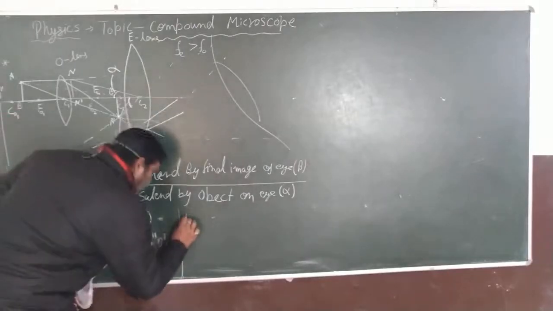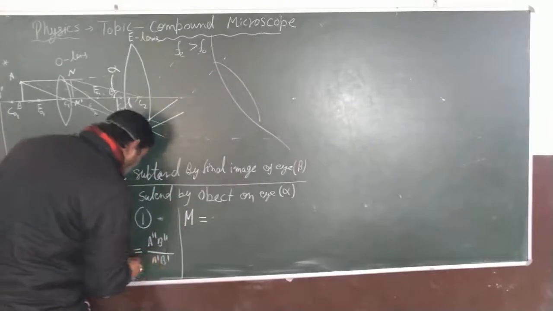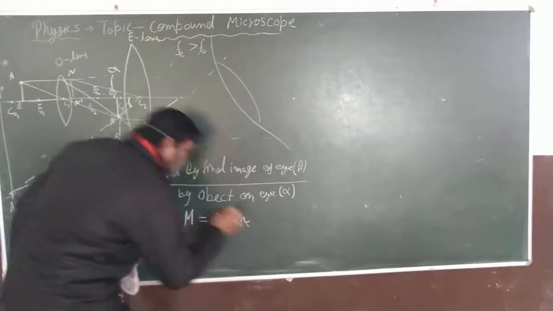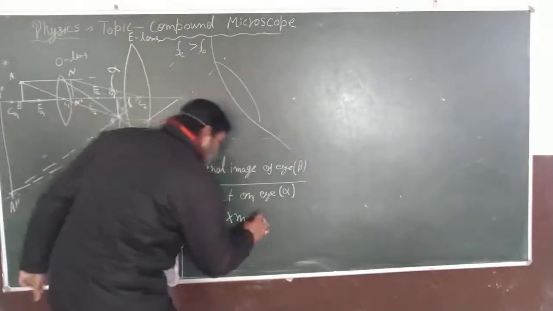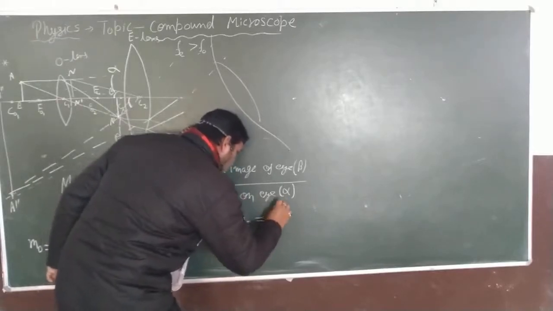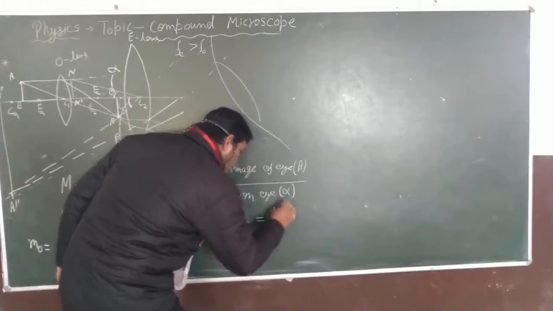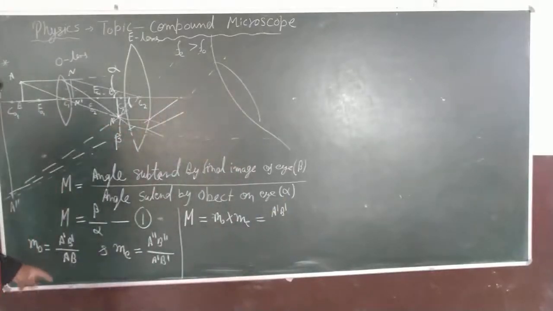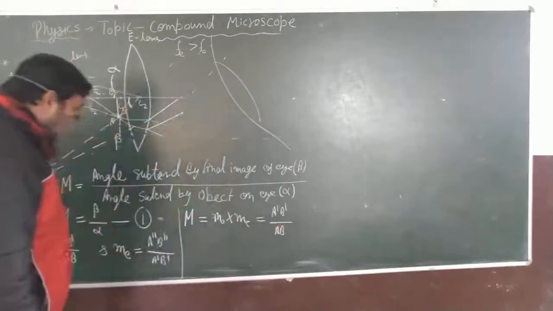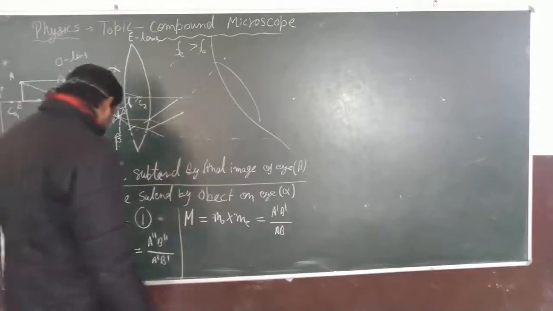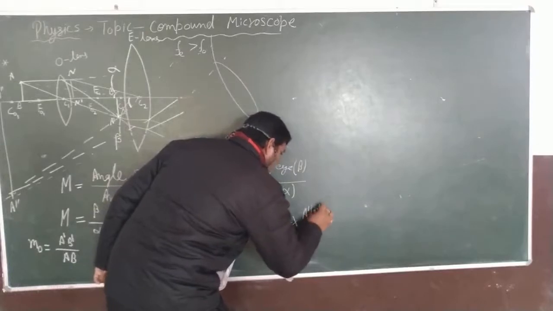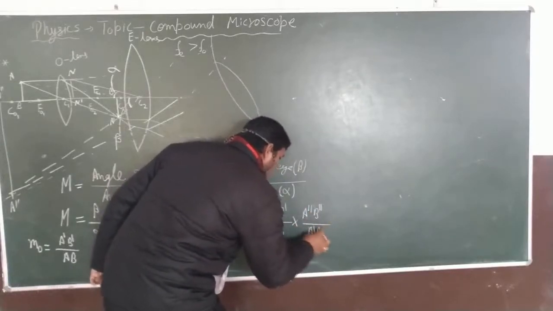That is, the magnifying power of the compound microscope is M_O into M_E. Therefore, it is A dash B dash upon AB into A double dash B double dash upon A dash B dash.